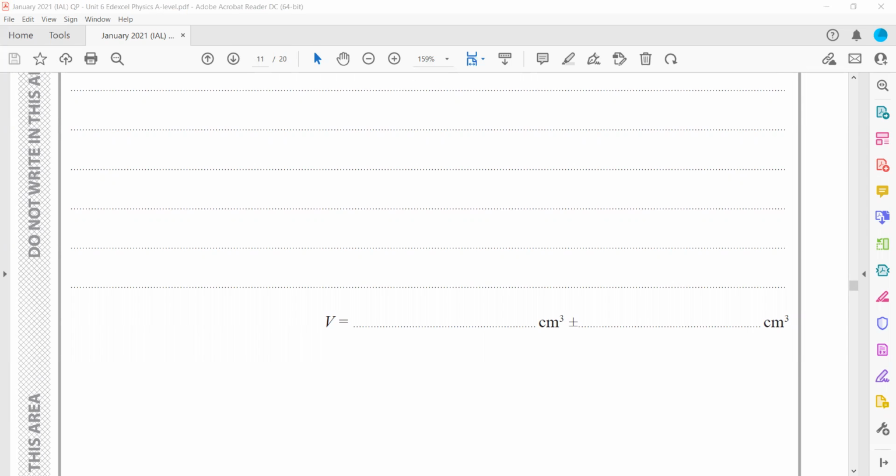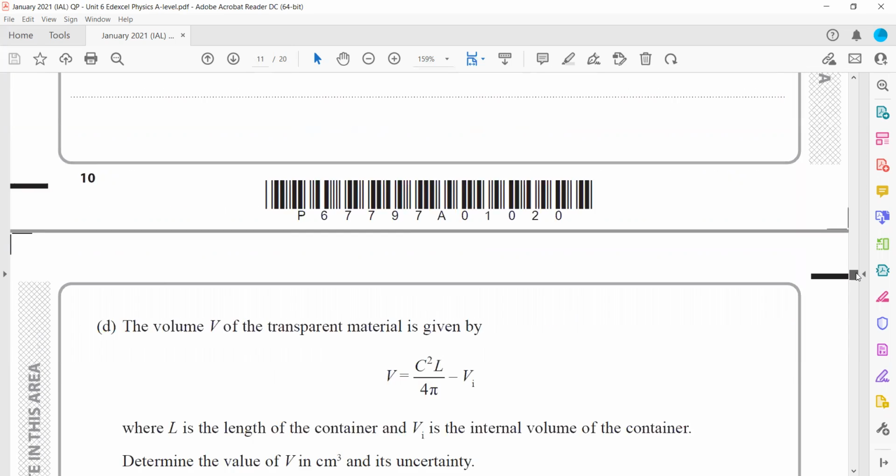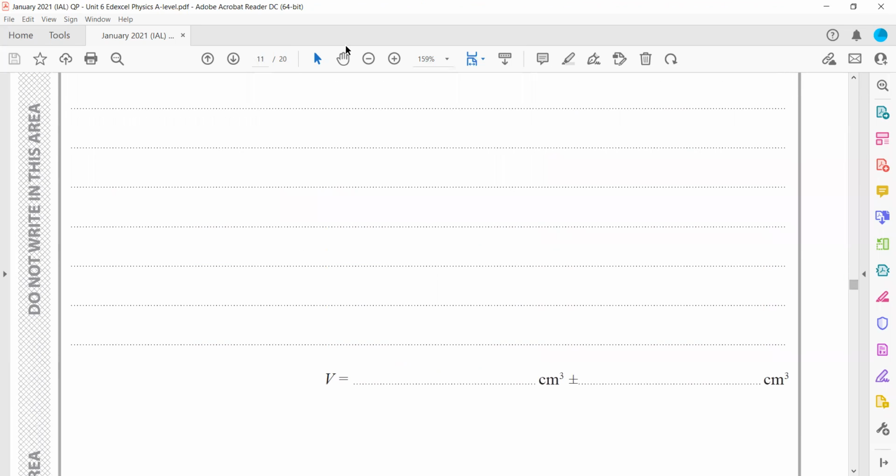The last answer, this was part D. Yes, so the last answer, this volume is 188, and the uncertainty is 23.